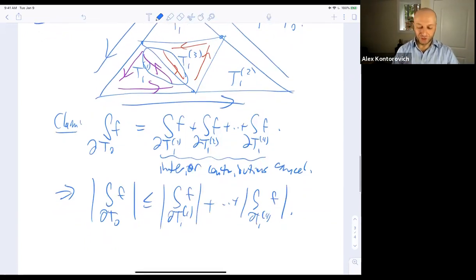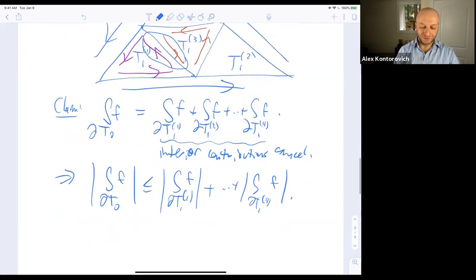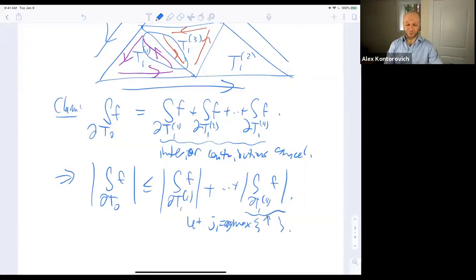And let's take the biggest one. So let J1 be the argmax of these things. In other words, either the first triangle or the second or the third or the fourth is the largest.